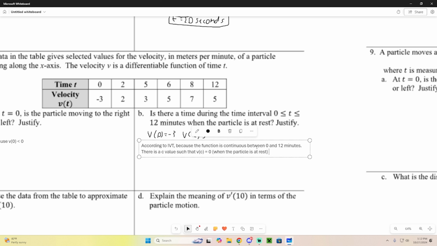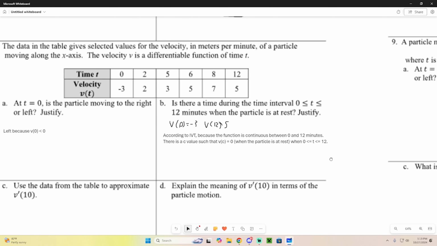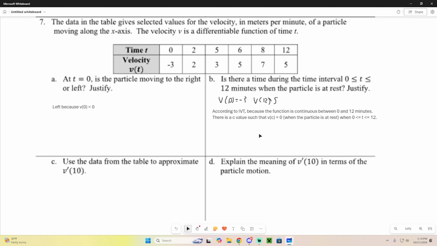There's a c value when 0 is less than or equal to t, which is less than or equal to 12. So that's my justification. This should be the right answer, but if the answer key says something different, just check that it's along the lines of this.